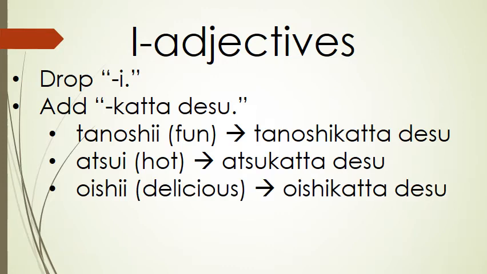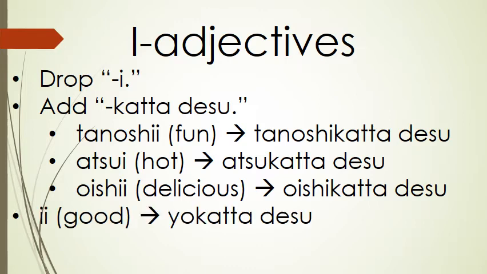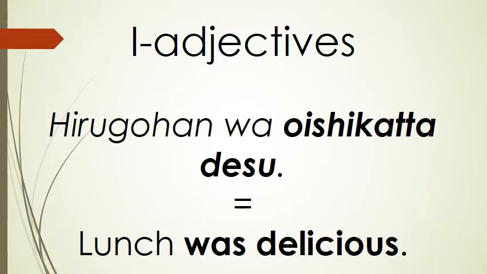And oishii, delicious, would become oishikatta desu. And we want to remember our exception to the rule, ii, which is conjugated as if it were yoi. So instead of becoming ikatta desu, it becomes yokatta desu. So if I were to say Hirugohan wa oishikatta desu, that would mean lunch was delicious.